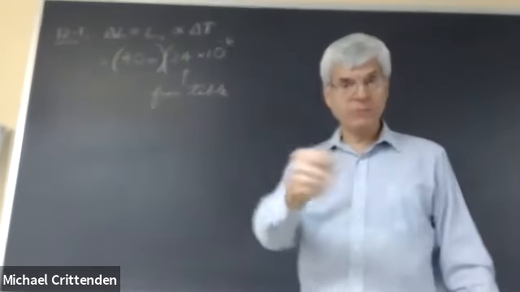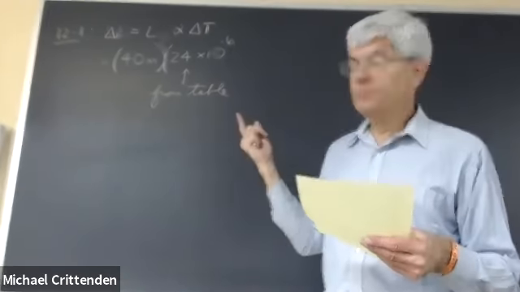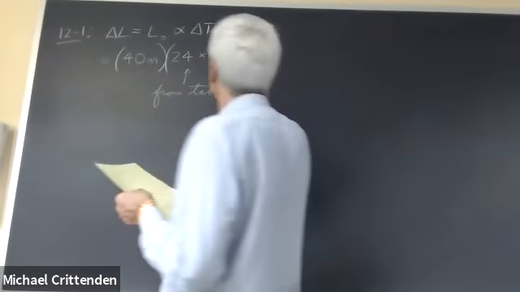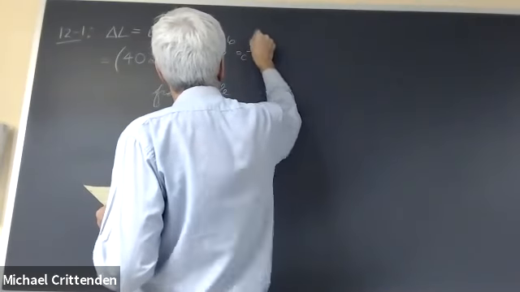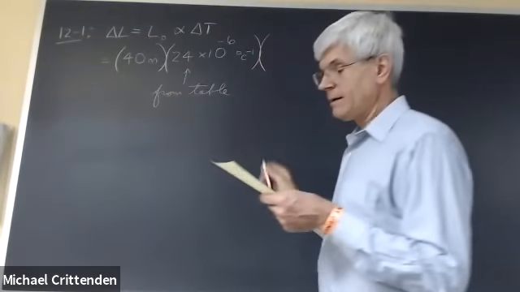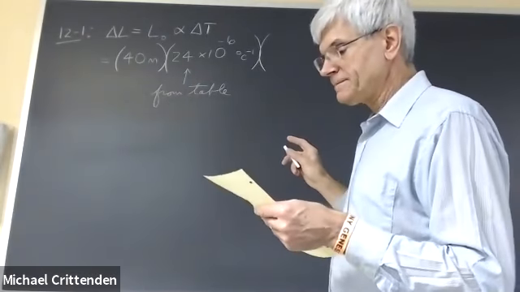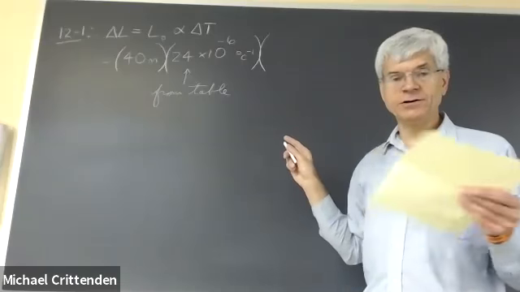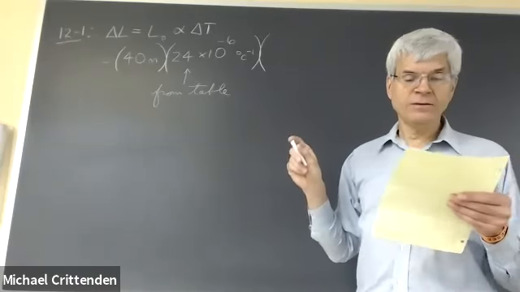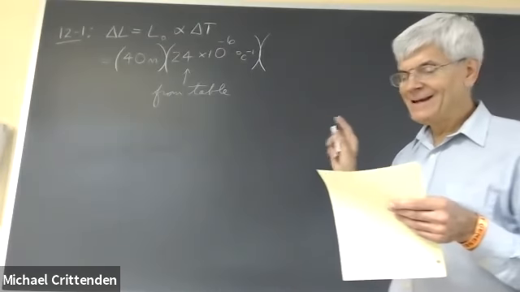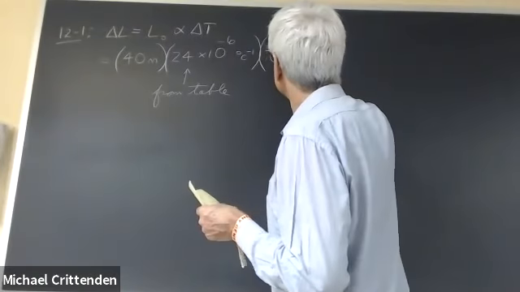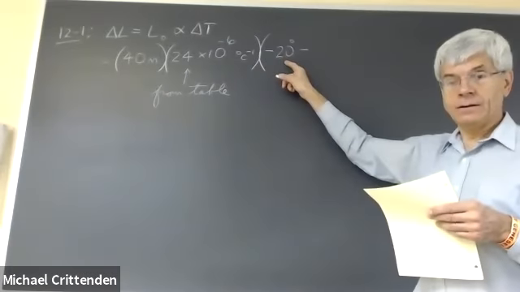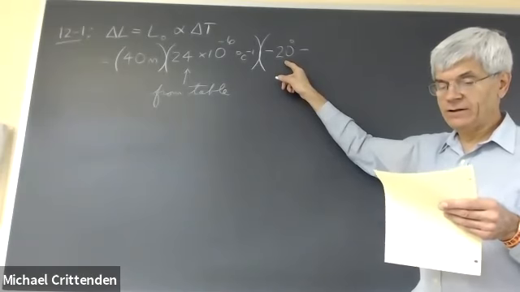From table, that table I waved around a minute ago, you look up alpha for aluminum, and that's where I got that number. I'll explain what that unit means in a moment, but delta T means T final minus T initial, just like delta anything else means final minus initial. In the end, the rod is at negative 20 degrees.